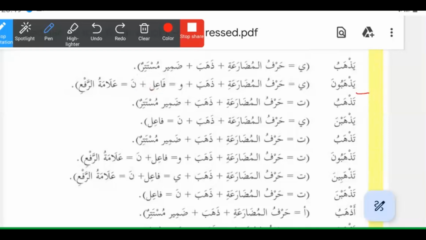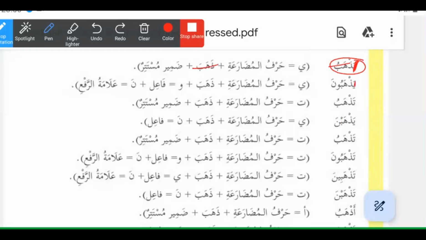Likewise, tazhabu is for the female: ta is harful mudariya, zahaba, and the zamir is mustatir, that is hiya. It can be Amina or anyone. Then yazhabna: again harful mudariya, zahaba is the fa'il, and noon is the fa'il, the doer of action. Actually, this is the split form of this. Yazhabu: this ya is one, then zahab is the fa'il.